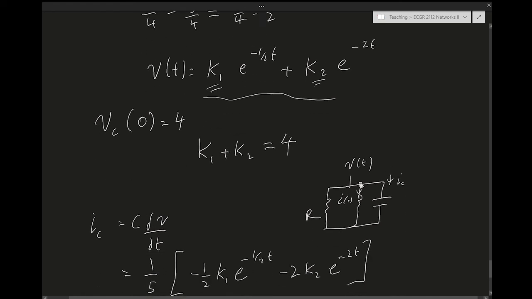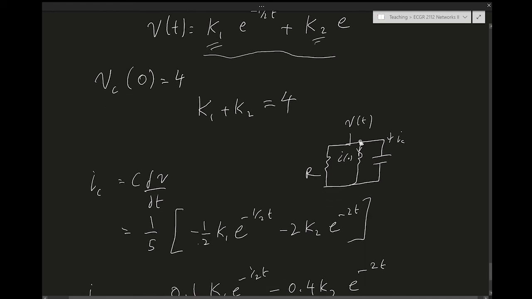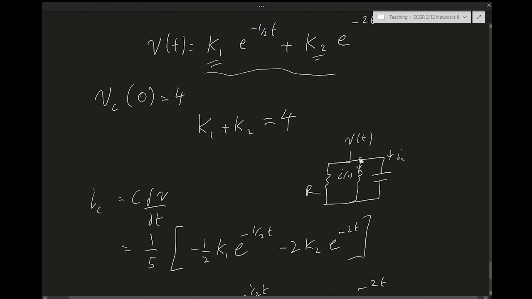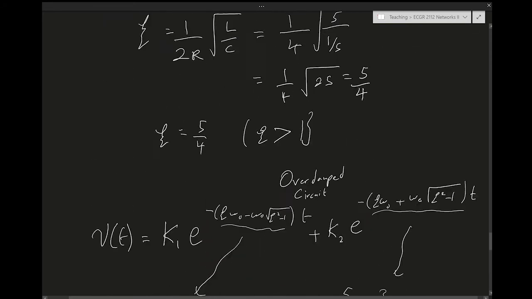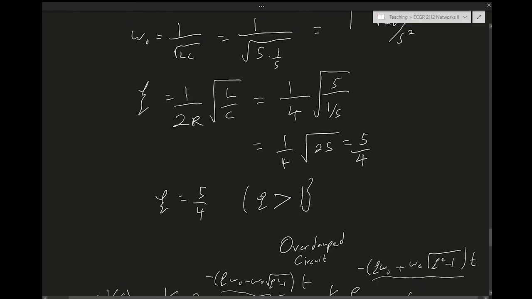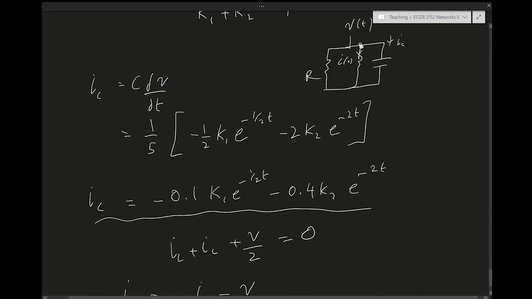And then we differentiated V to get I, right? And then C is 1 over 5. This is the key thing. And then I plug the 1 over 5 in. I end up with minus 1 over 10 and minus 2 over 5, which is minus 4 over 10. Okay, so this is correct.